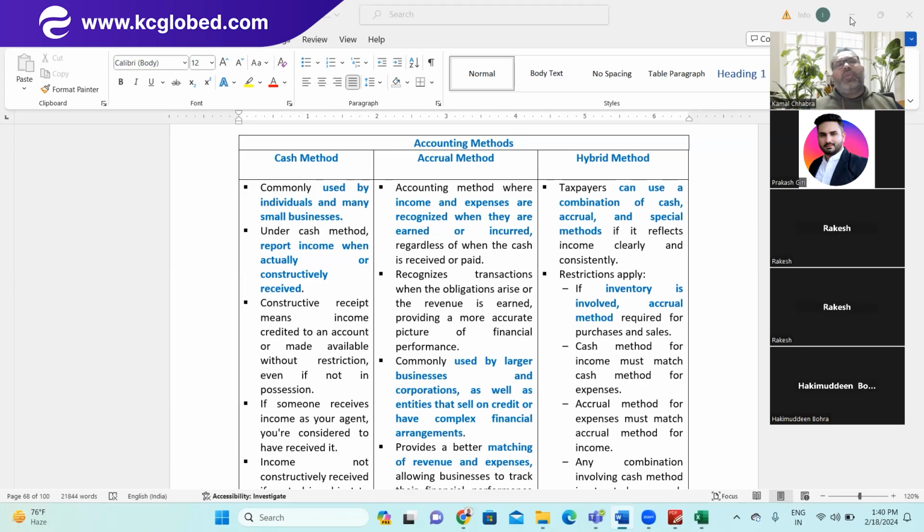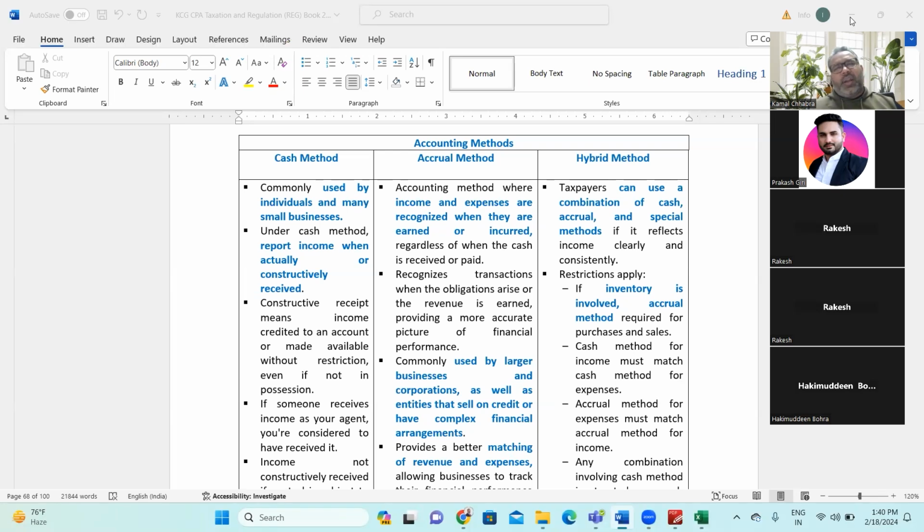In the same way, you book the expenses when you have received the product and services, whether you have actually made the payment or not. Here you also charge depreciation, and you record accounts receivable, accounts payable, prepaids, and advances as well. So in the accrual method of accounting, the expenses follow the period, and the income also follows the period, right?